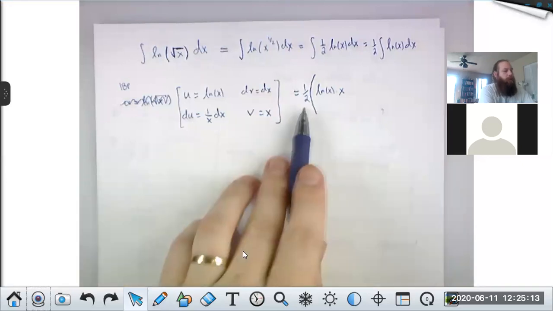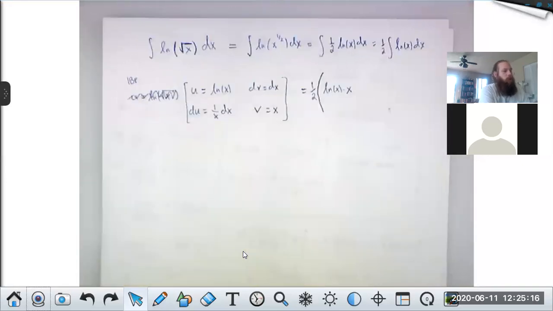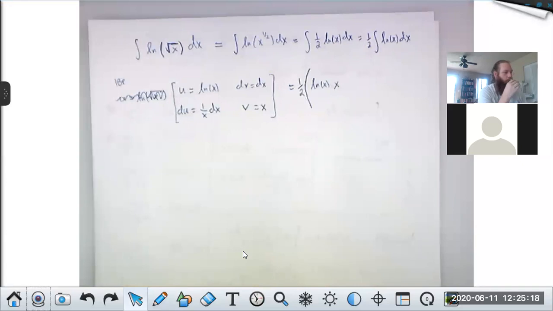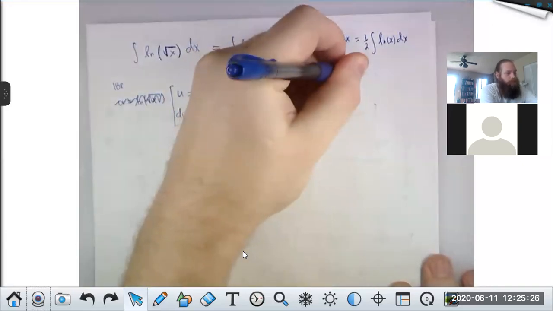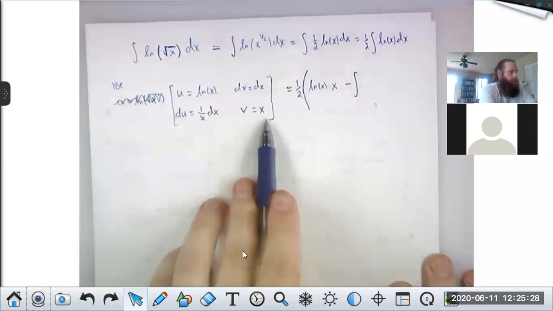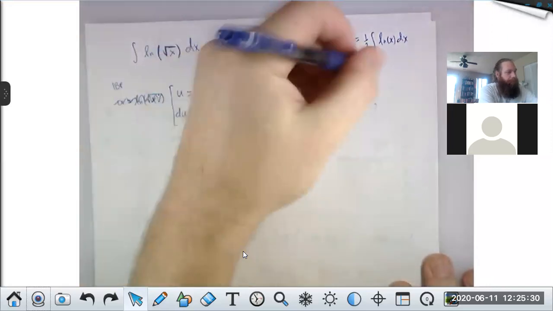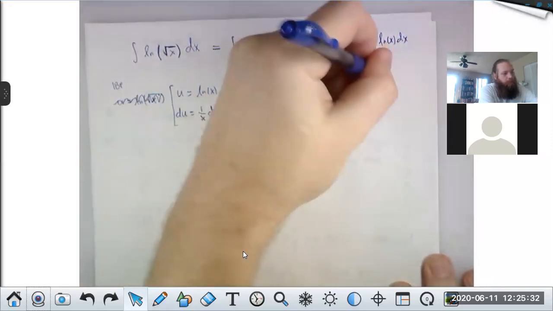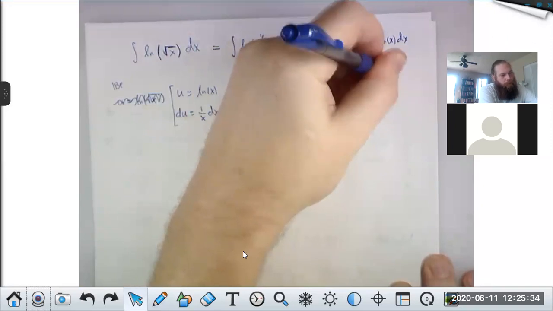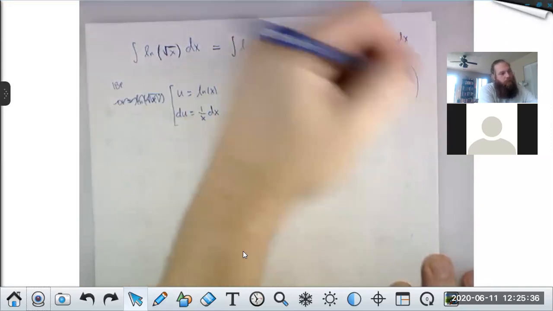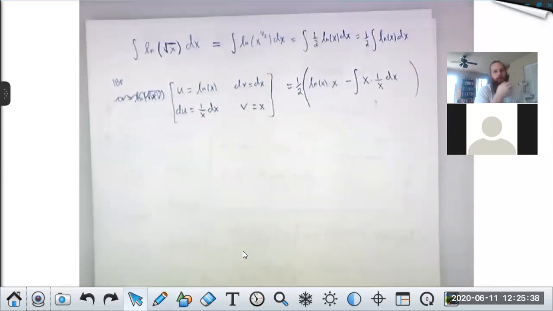I'm going to leave the 1/2 all the way out front. So x ln of x minus the integral of v du. So that's the integral of x times 1 over x dx. Perfect.